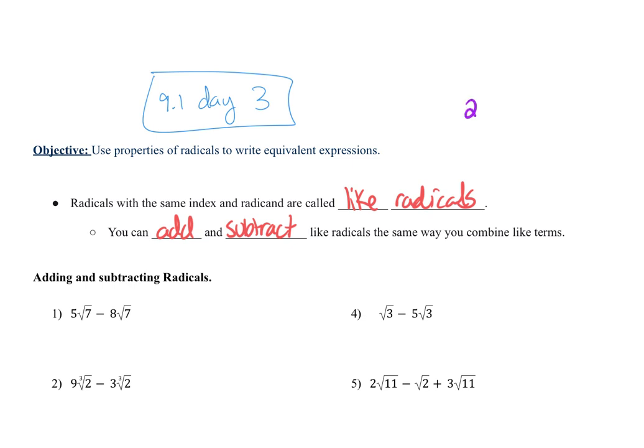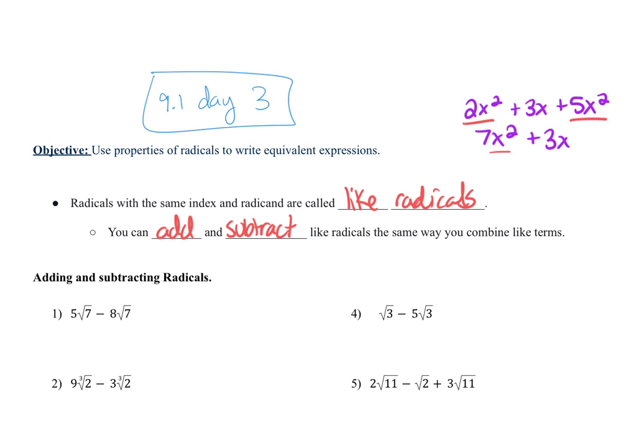If we had 2x squared plus 3x plus 5x squared, the only two like terms we have here are the x squareds because the variable and the power are the same. So we get to add our 2 and 5 to get 7x squared. Notice that the x squared part is still the same, and then my plus 3x is not going to be able to be combined.